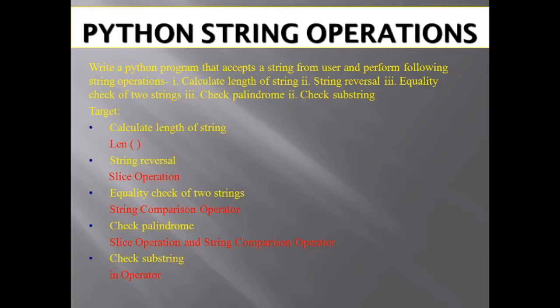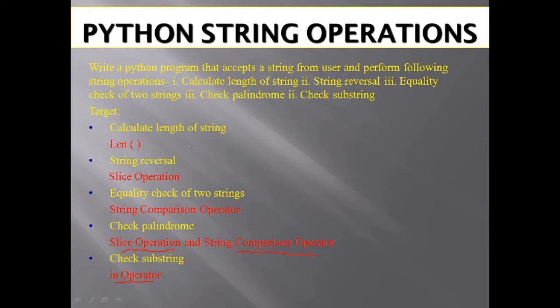For string reversal, we will use the slice operation. For equality check of two strings, we will compare two strings using the comparison operator. To check the palindrome of a string, we will use both the slice operation and the string comparison operator. To check the substring, we will use the in operator available in Python.